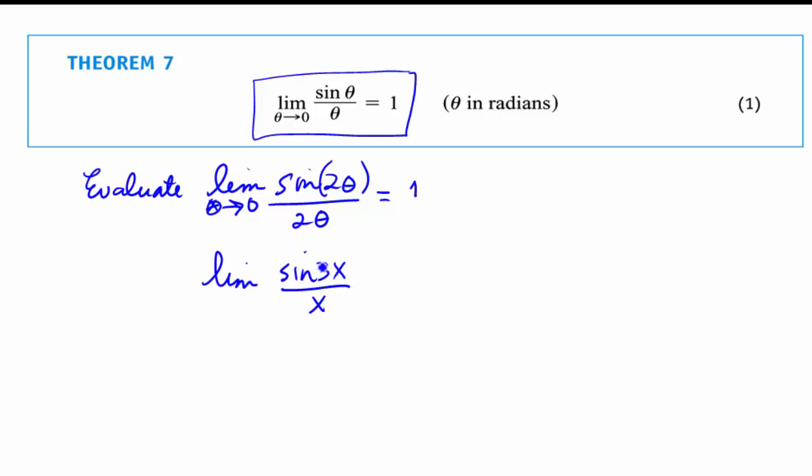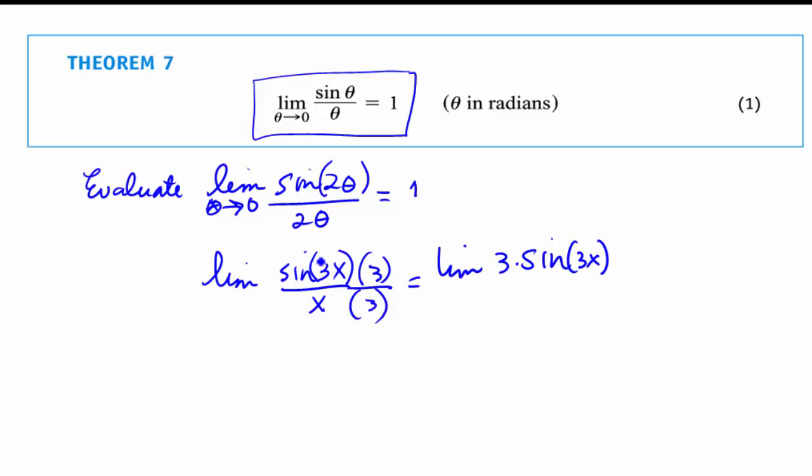Well, in order for these to match, we need to multiply both the top and the bottom by 3. So this is actually equal to the limit of 3 times sine of 3x over 3x.